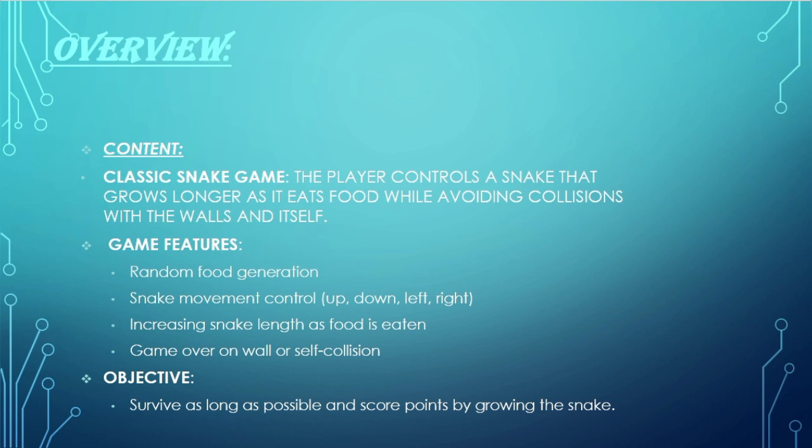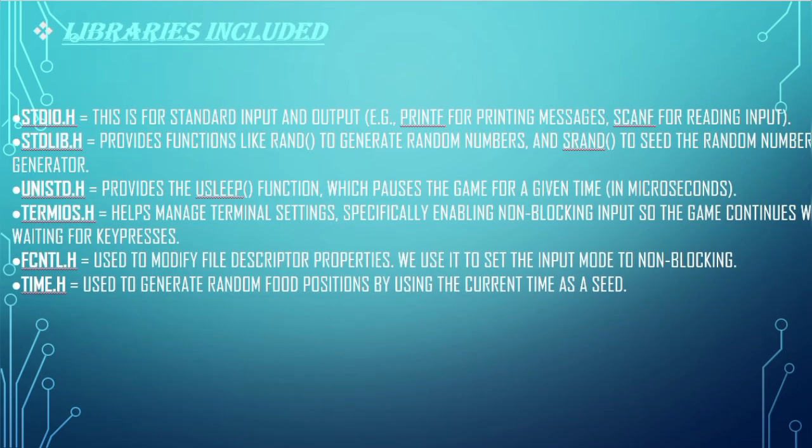The game features of this program are random food generation, snake movement controls up, down, left, right, increasing snake length as food is eaten, and game over on wall or self collision. The objective is to survive as long as possible and score points by growing the snake. Please, Aditya Shrivastava, carry on.